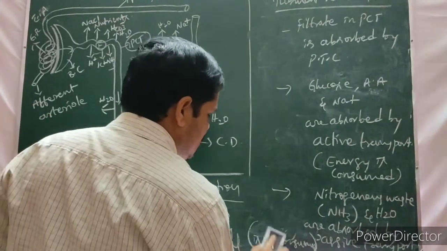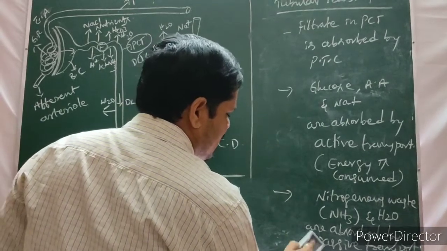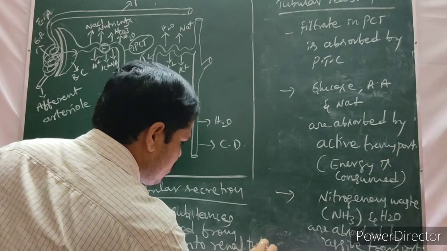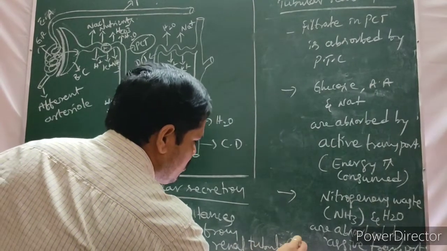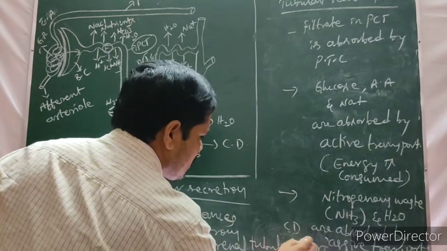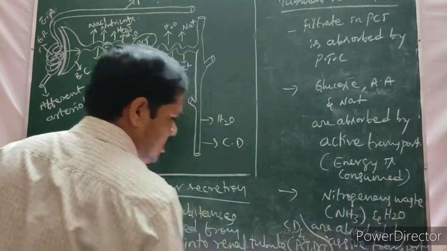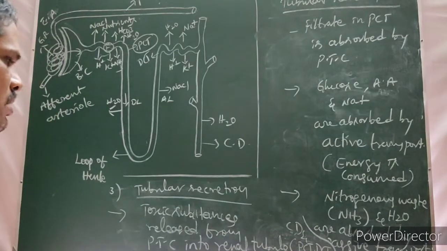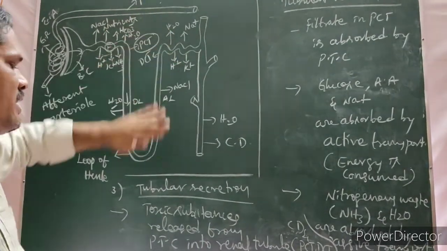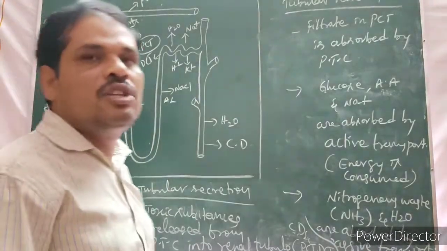Nothing but PCT, DCT and collecting duct. All these come under the renal tubule. Toxic substances present in the peritubular capillary are secreted into the renal tubule. That is what we call tubular secretion.